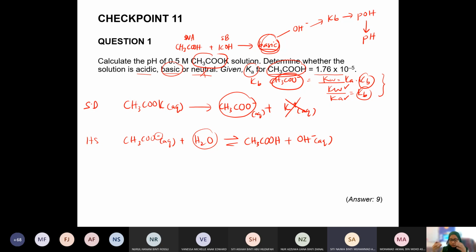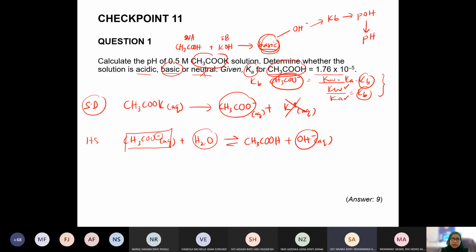So we need a value for this. Because we want to find the OH minus later, in order to have this value we need to have this value first, right? So we have to go back, rewind to the salt dissociation.